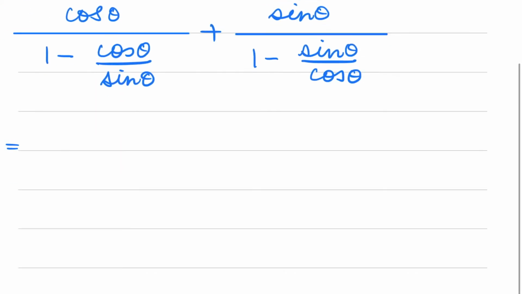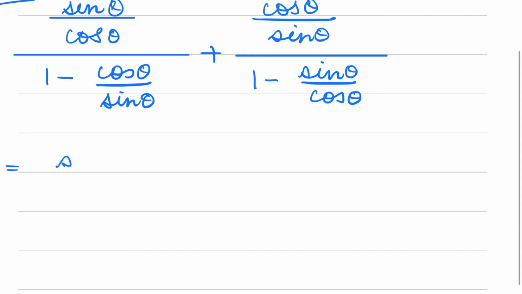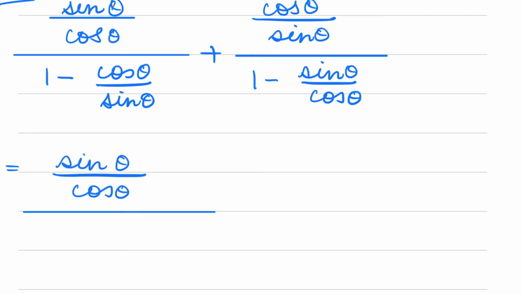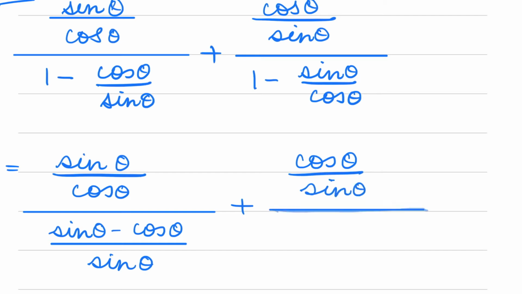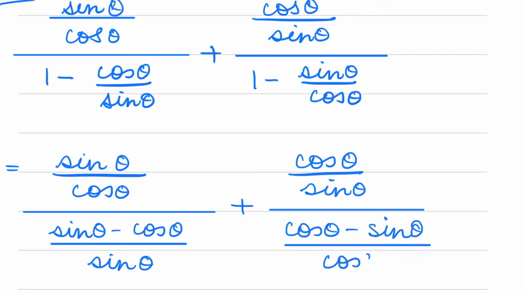Now this would be equal to sin theta divided by cos theta, into (sin theta minus cos theta), as I have taken the LCM as sin theta. Now plus cos theta by sin theta, and in the denominator I have (cos theta minus sin theta) divided by cos theta.